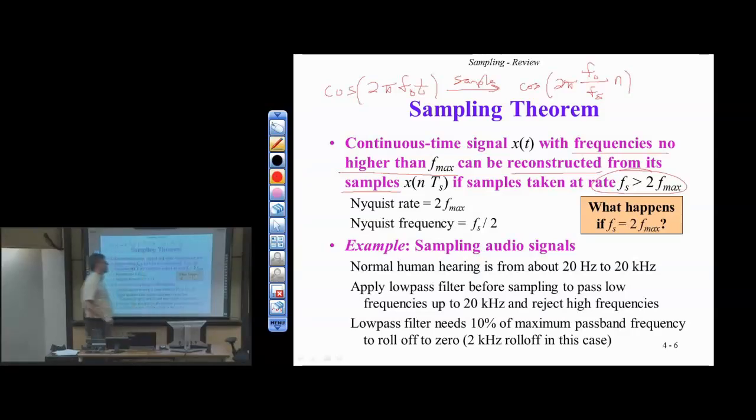Now what happens if fs equals 2 f naught? It's going to be 1. You're half correct. It's going to be 1, negative 1.